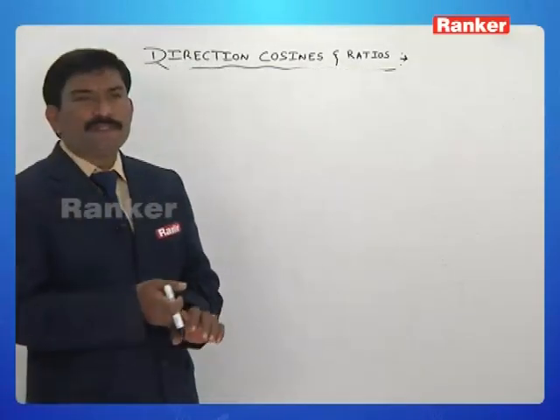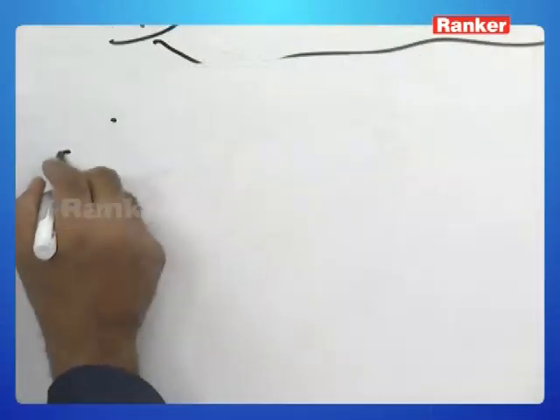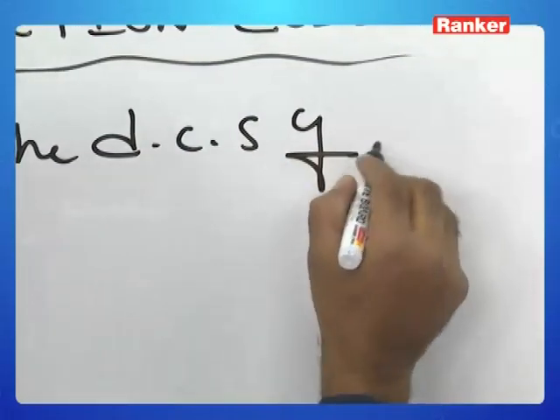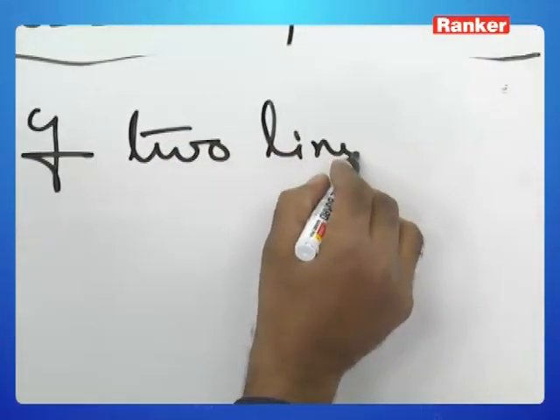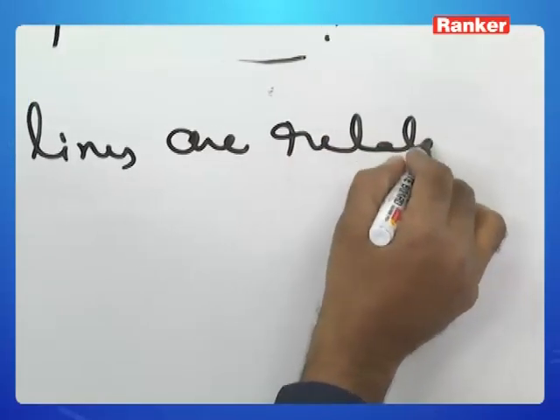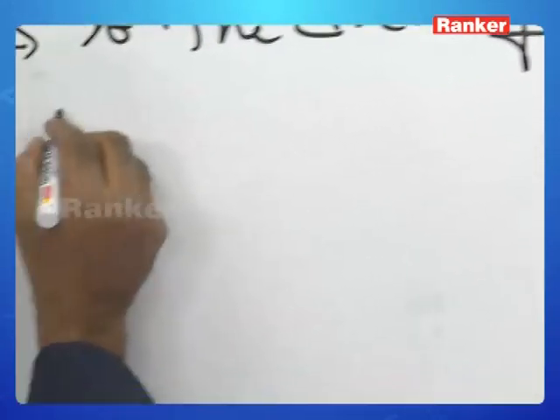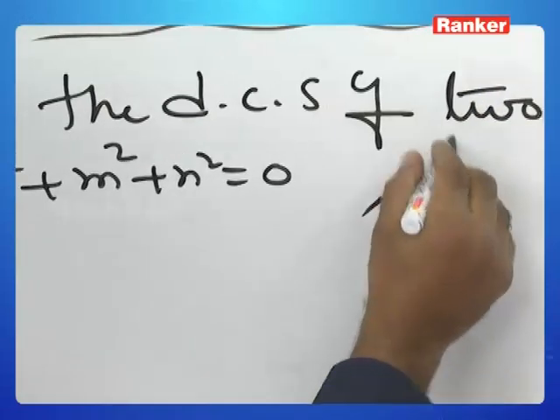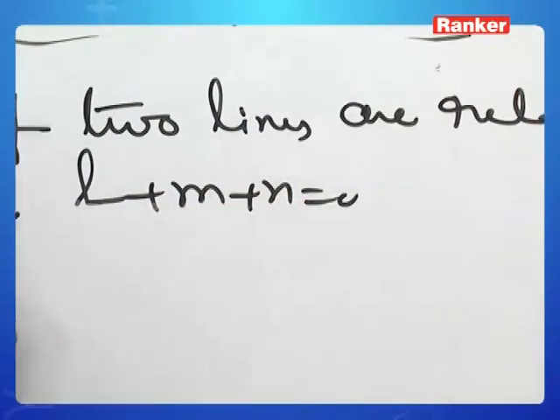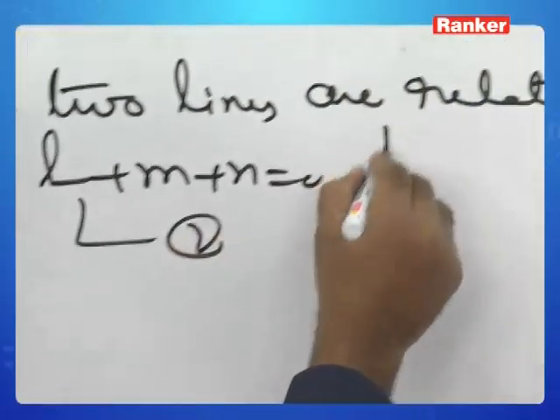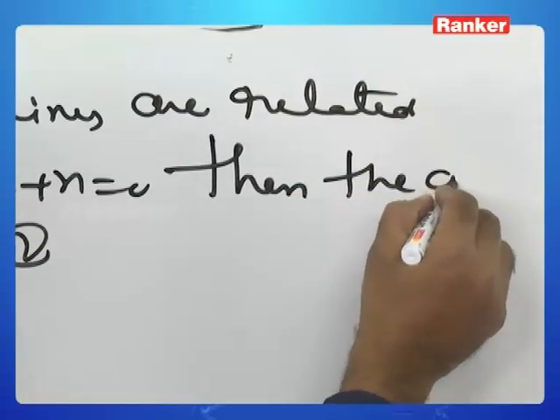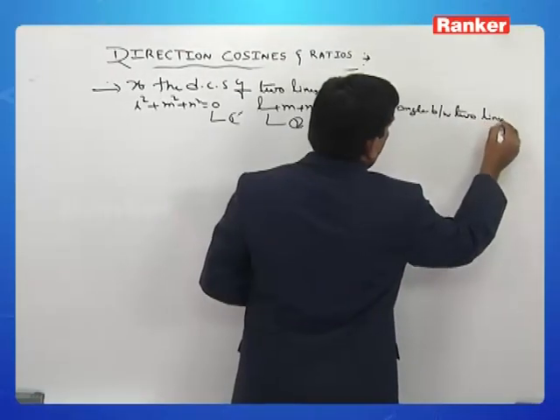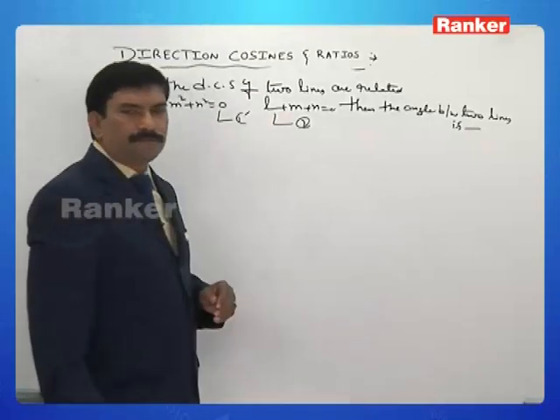Okay. If the DCs of two lines are related by L square plus M square plus N square is equal to 0, and L plus M plus N is equal to 0, then the angle between the two lines is dash.